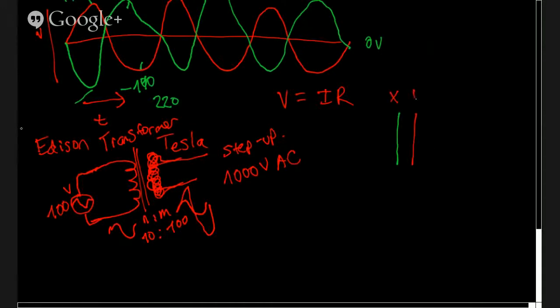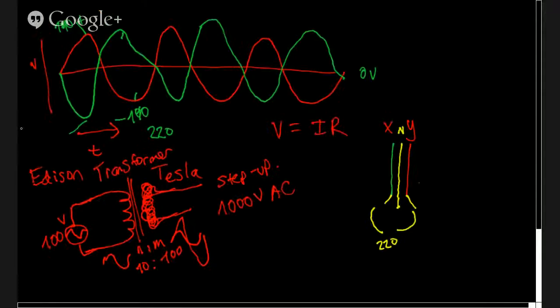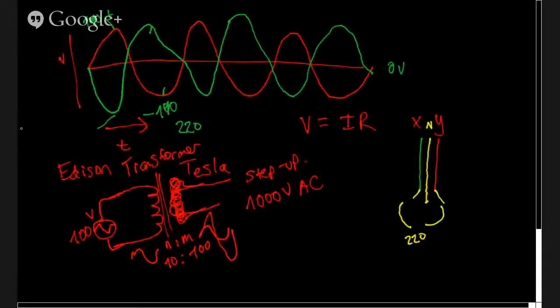You've got an X phase and a Y phase, and a neutral conductor, which we'll put in between. And if you were to measure voltage between the X and the neutral phase, you'd only see 110 volts. Same thing between the Y and the neutral phase. You'd end up with 110 volts, but between the X phase and the Y phase, because they are out of phase, you end up with the difference, the peak-to-peak voltage.